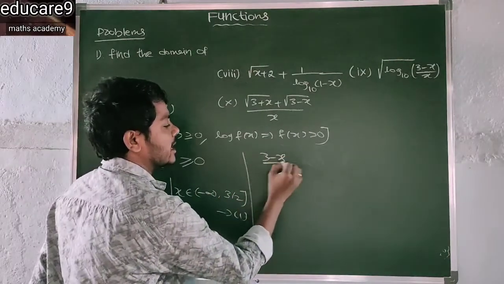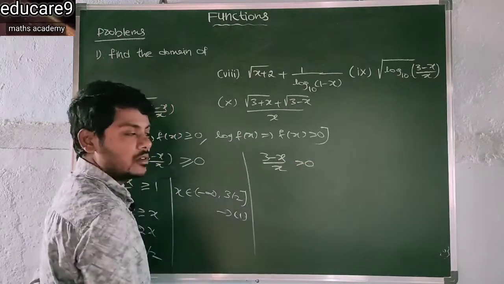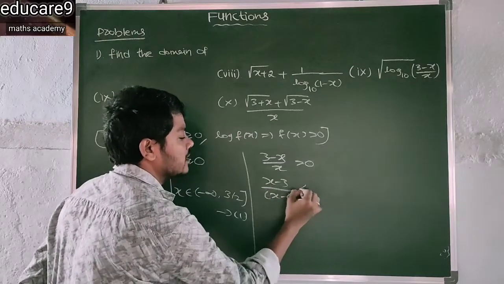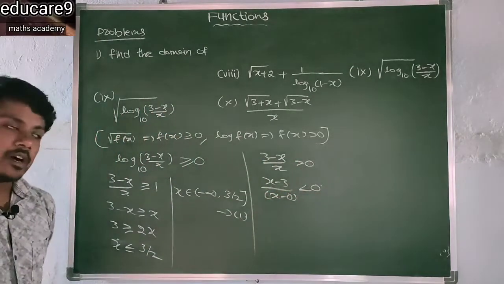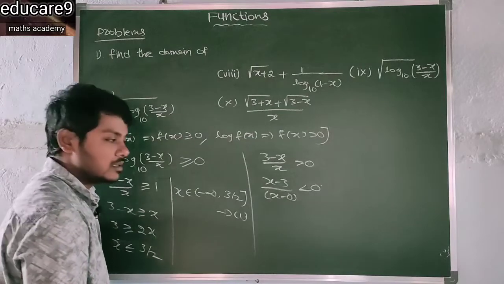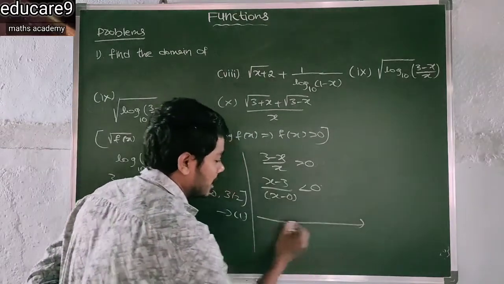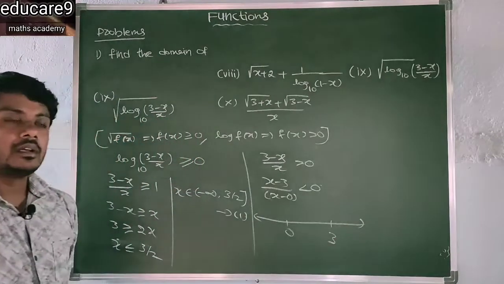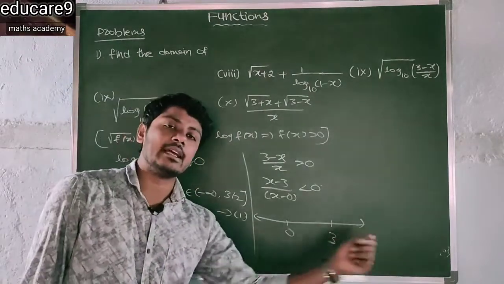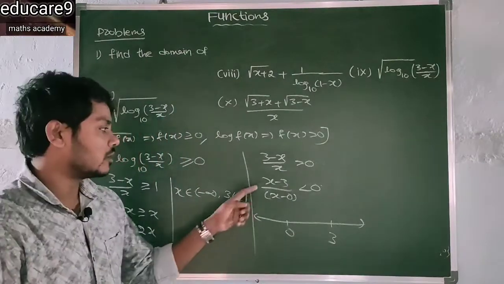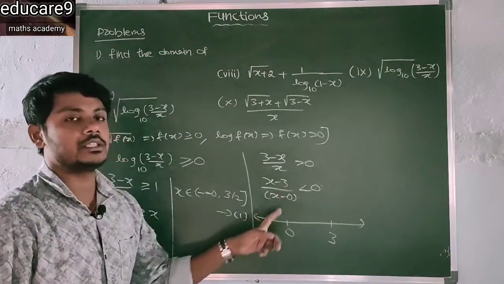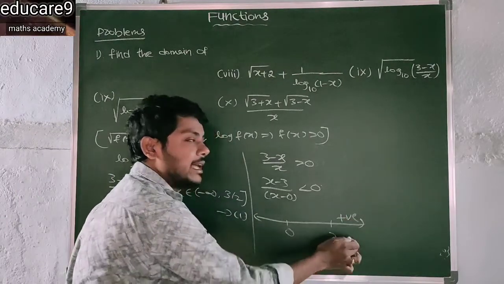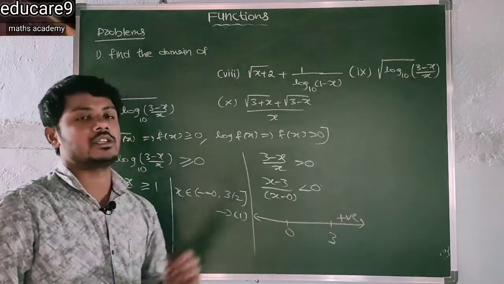(3 minus x) by x is greater than 0. From this, (x minus 3) by x is less than 0. For this, you have to find x values. So draw the real line and locate the points 0 and 3. Substitute x values greater than 3, for example x equals 4. 4 minus 3 is positive, 4 minus 0 is positive. So clearly for x greater than 3, the values are positive.